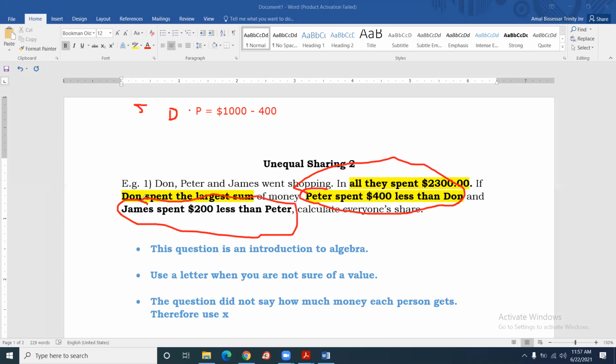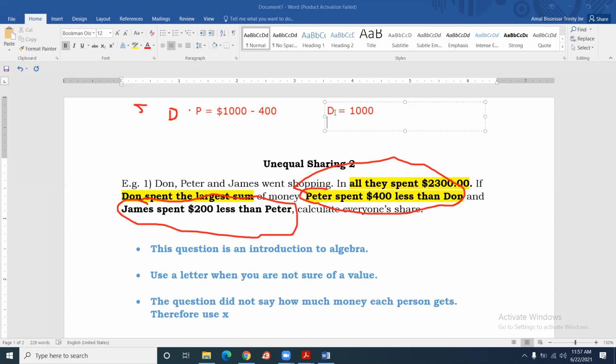See that question there? That piece of the question is important because if I tell you, I only know about Don. Don is 1,000, a random number.